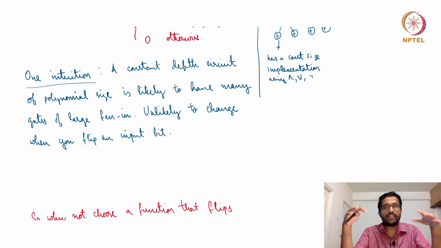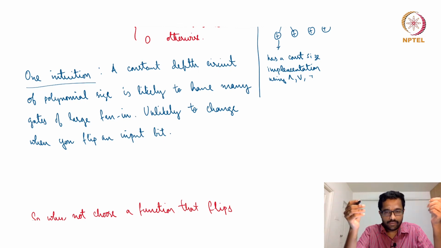What I'm saying is true in general for any function computed by a constant depth circuit. Either a lot of inputs are ignored, or, even if they are not ignored, they are part of huge fan-in gates. So it's very unlikely that the output flips when a specific input bit is flipped.